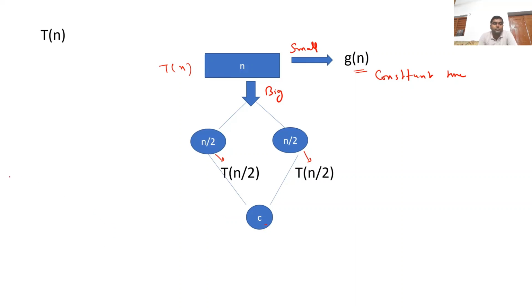So how can we write this? We can simply write T of n as a recurrence relation.